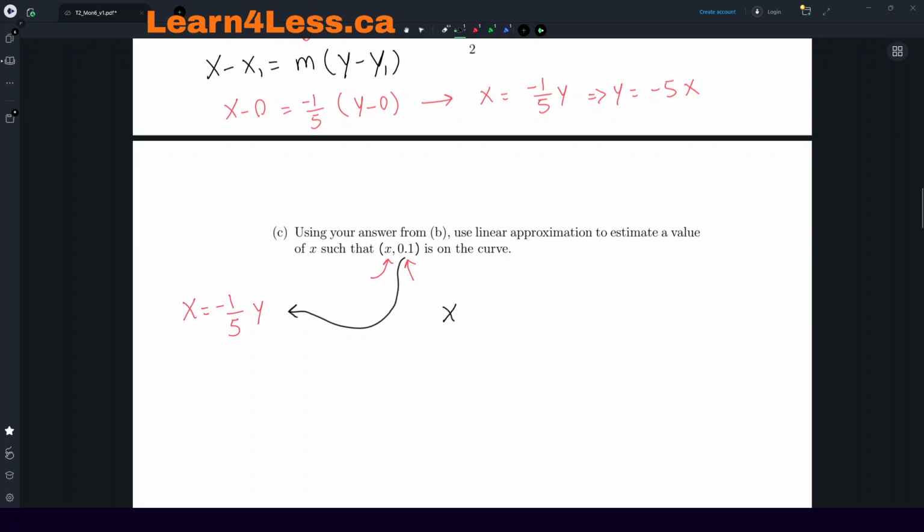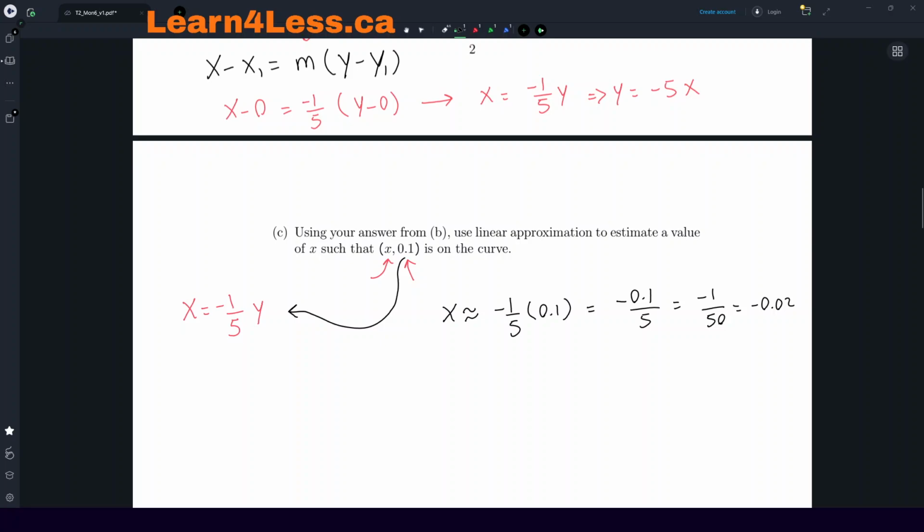I can say x is approximately, the actual x, this x, approximately -1/5 times 0.1, which gives you -0.1/5, or you can write it differently, like -1/50. Anyhow you prefer to write it, or -0.02. This is an approximation for this x value.